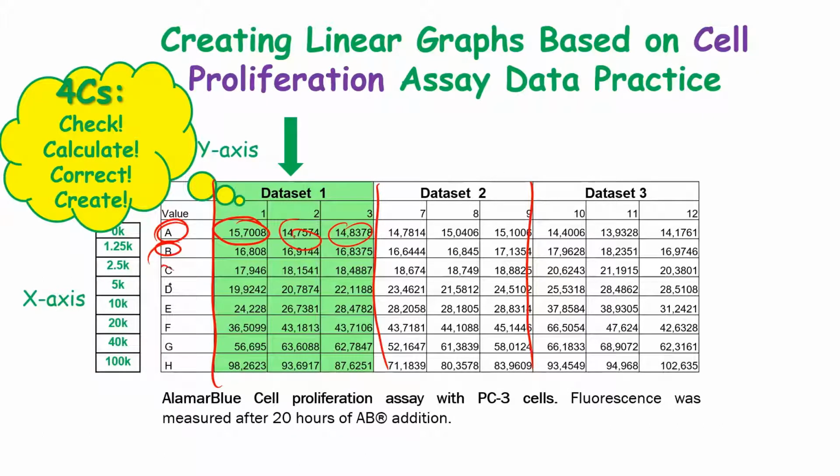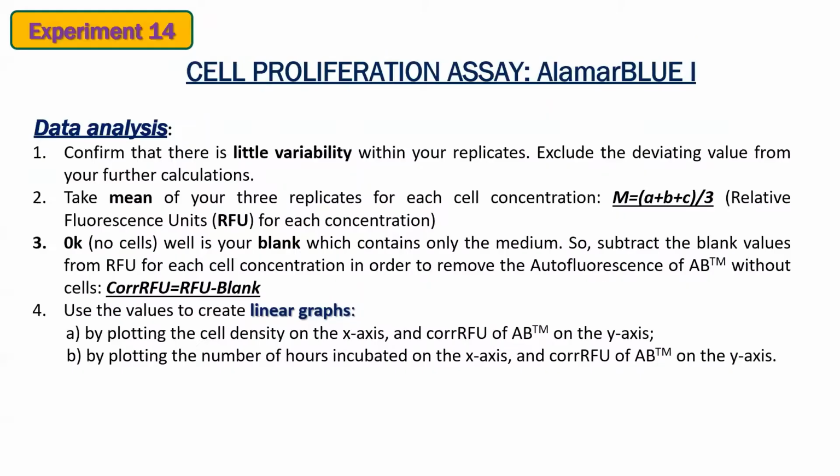Also, you know that you have rows, and because you could correlate all of those values, and you could plot the linear regression or whichever linear plot, you could understand how the cells behave in your well. And after the proliferation assay, you can start planning your experiments with high precision. Okay, so this is the point of this whole cell proliferation assay.